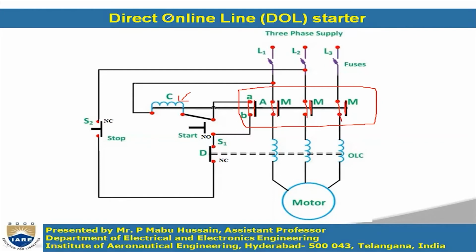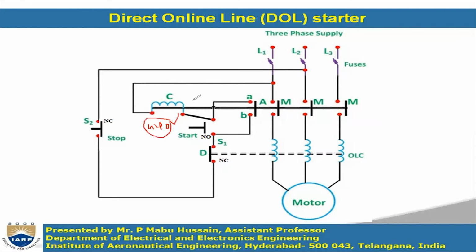Right, you see here how you can give the supply to this coil. In this diagram, this is a 440 volts AC coil. So between these two terminals of the coil you have to apply 440 volts.